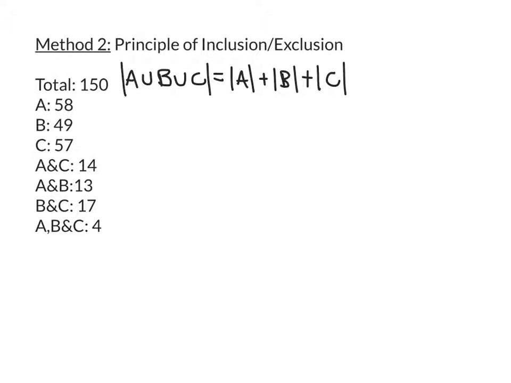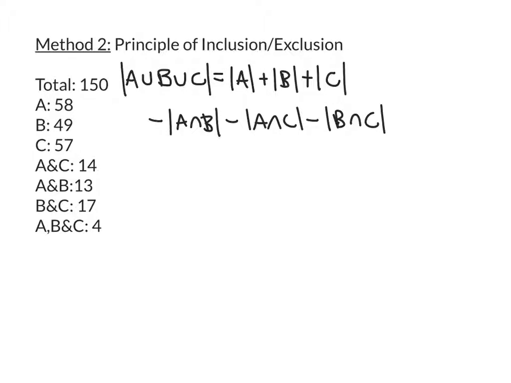However, what we saw is, of course, that includes everybody that drinks A. And that includes the people that drink A and B and A and C and that drink all three of them. So there's a couple of these groups that got counted more than once. So now we go through and subtract off all of the A and B's and the A and C's and the B and C's.